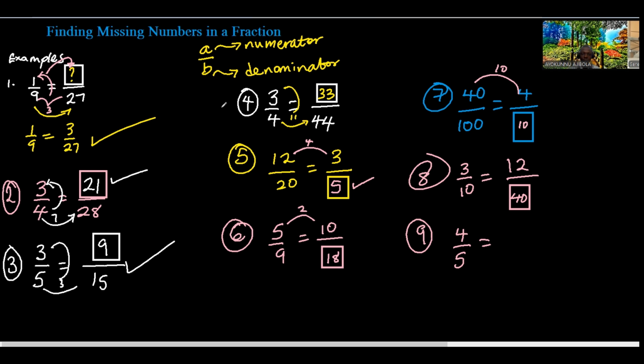No. Okay, let me change these two. 4 over 10. So we have 4 over 10 now equal to something over 5. So what should the missing number be?